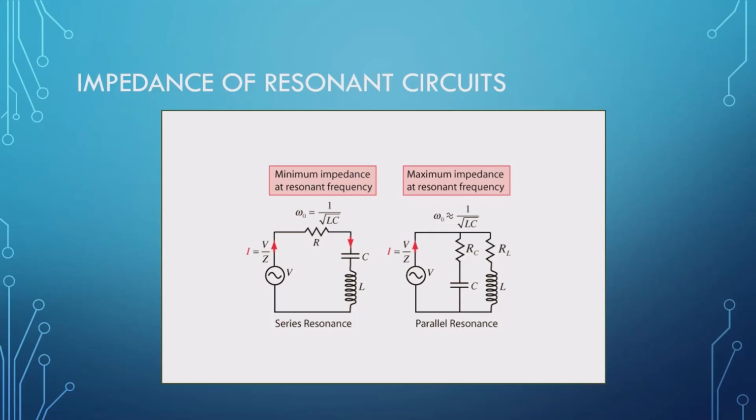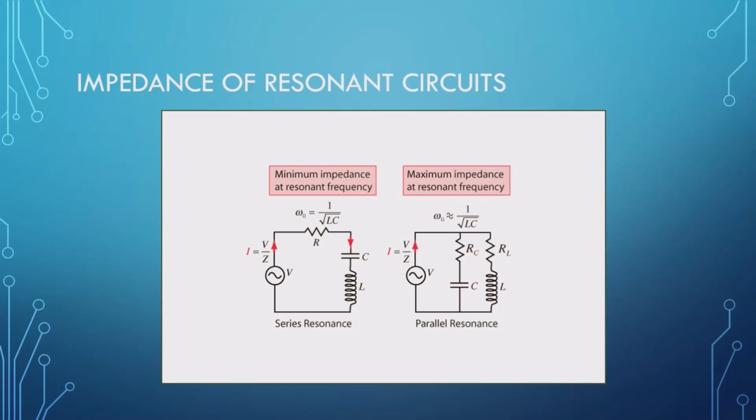Now, whether we're talking about capacitive impedance or inductive impedance, you get minimum impedance at the resonant frequency if you have a series resonant circuit, where your capacitor and inductor are in series together.